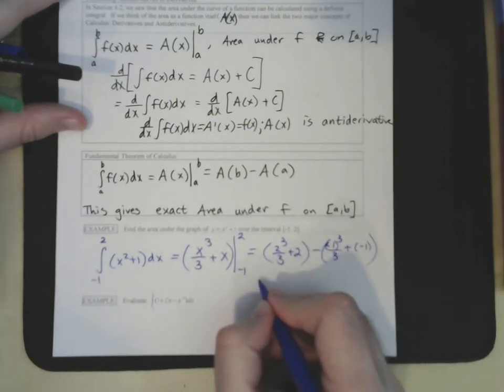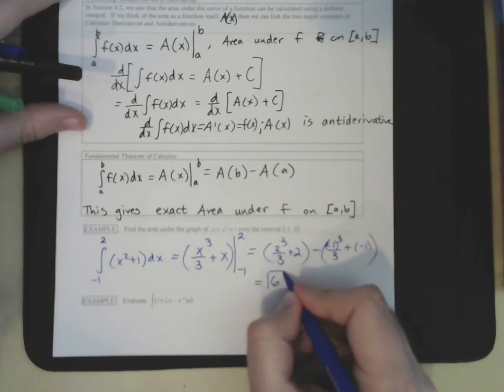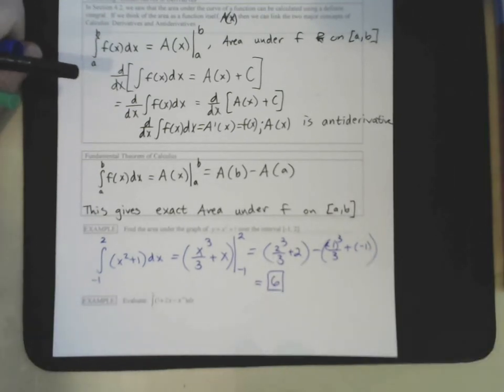And when you add all this up and subtract, you get 6. So we can evaluate definite integrals and know that this is the area under this function, x squared plus 1, from -1 to 2.